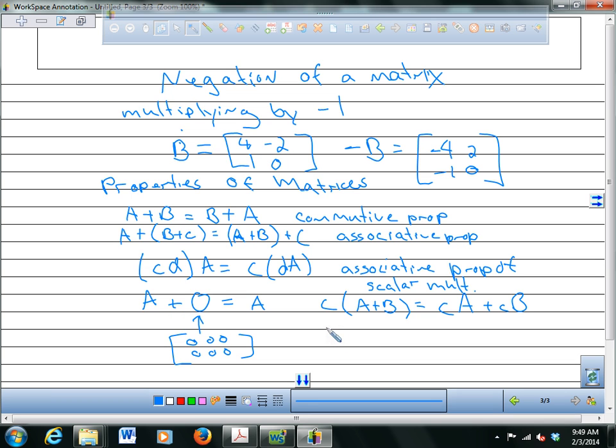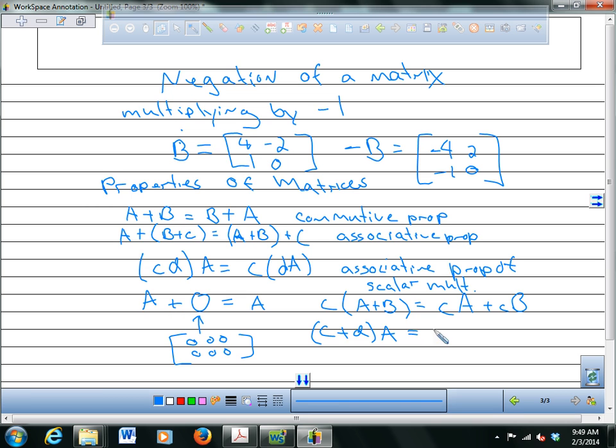So I can go like C plus D times A. Wait, did I write down the same thing twice? No. C plus D times A is equal to, what's that equal to?